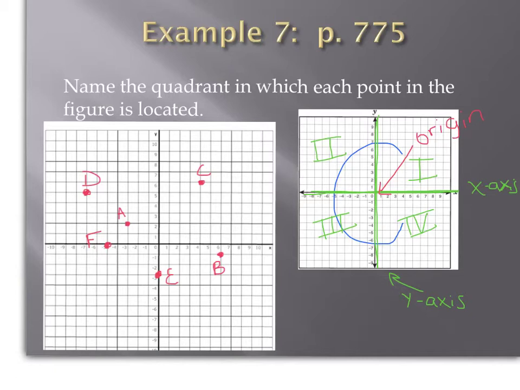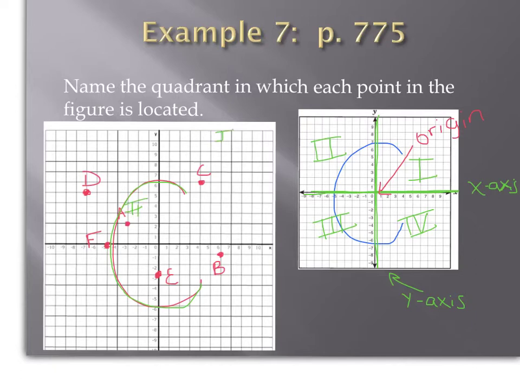Alright, so let's look at example 7 and go through each of the points. So point A would be located in, if I draw my big C, then A is located in quadrant 2.